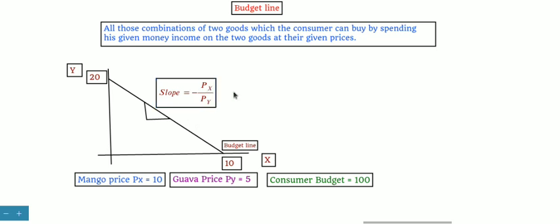So when we divide the price of x by price of y, we will get the slope, that is 10 divided by 5 will give us 2. So the slope will be equal to 2.